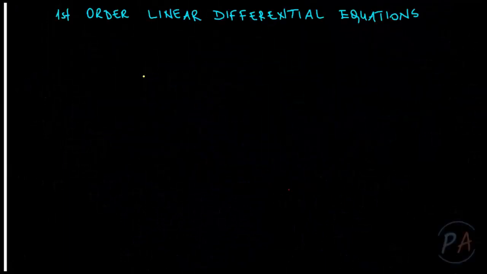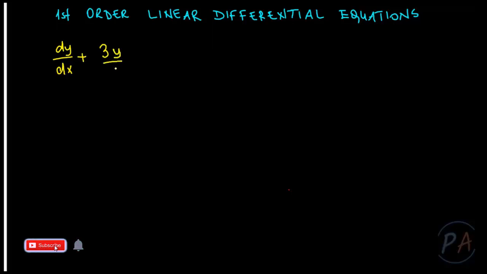Hello everyone, today we are together again to solve a first order linear differential equation, an initial value problem, given as dy over dx plus 3y over x plus 2 equals 3x, with initial condition y of 1 is equal to 1.